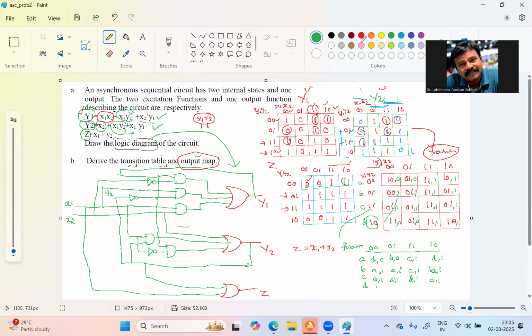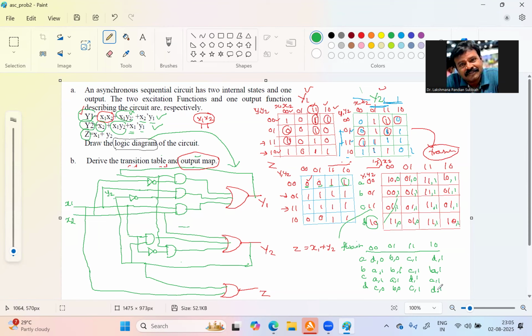Here C comma 0. Here 0 1 is B comma 0. Then 1 1 is C comma 1. Then here we are having 1 0, D comma 1.